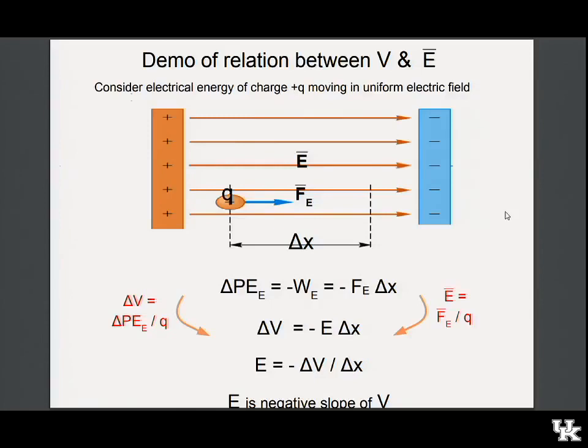And then we're going to place a charge, Q, in that field. We're going to start it out near the positive plate, and we're going to let it move towards the negative plate. And we're going to think about this motion of this charge from the left to the right in the electrical field from an energy perspective. And by thinking of it from an energy perspective and our relationship between the energy and the force perspective, we'll find the relationship between the energy and the field.